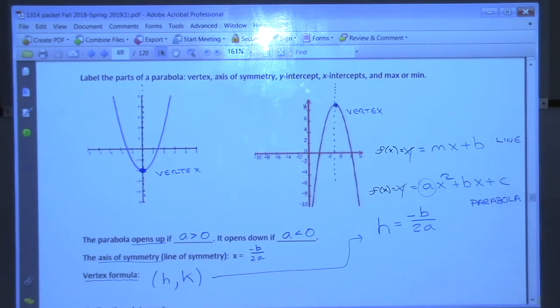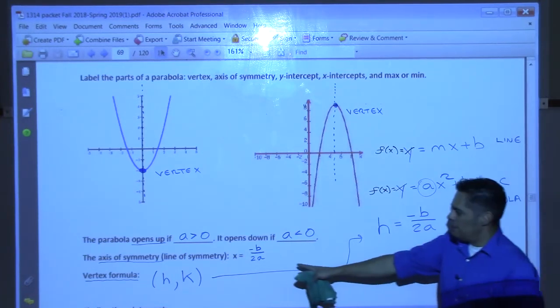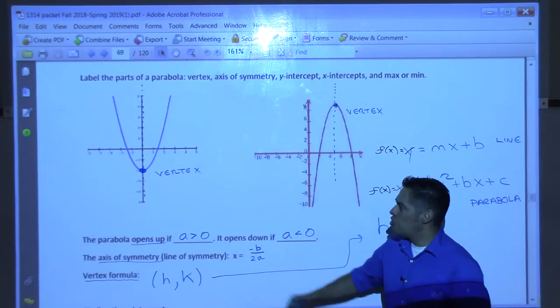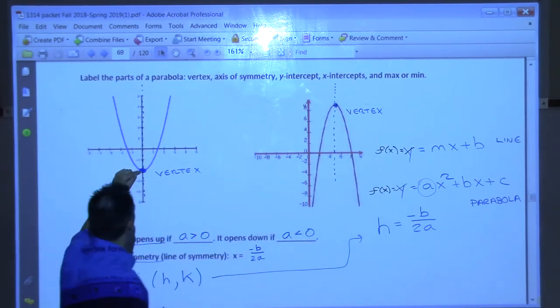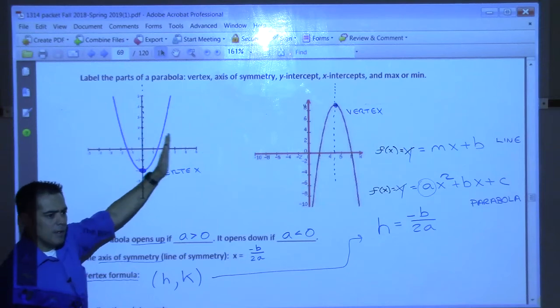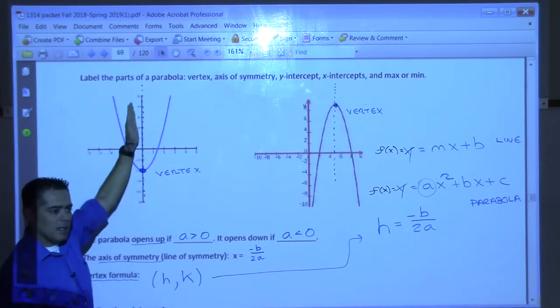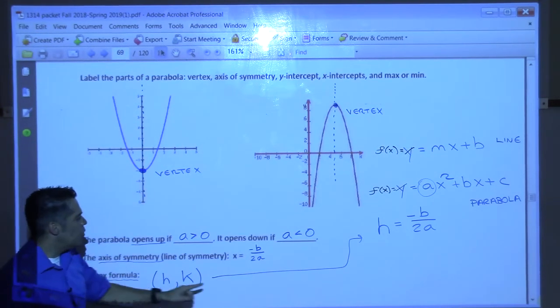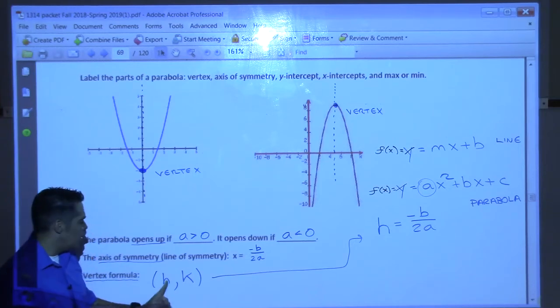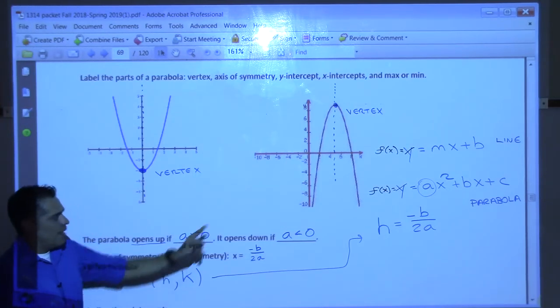Wait a minute. Does that look familiar? Isn't that the same thing as the line of symmetry? And it should be, because isn't the x coordinate the same as where the dotted line is? Right? So that's why this h will always be that calculation.